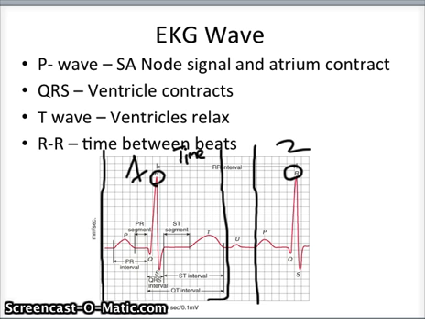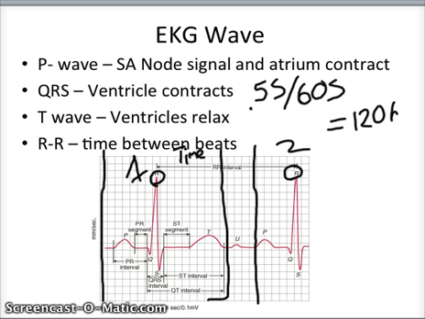So if we find that this interval is 0.5 seconds, then all we have to do is divide 60 seconds by it, and we'll find that we have a heartbeat of 120 beats per minute. All right, because for every second there's going to be 2 beats, and in a full minute there would be 2 times 60, which would be 120 beats per minute, not per second.